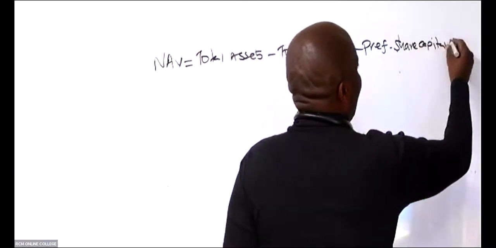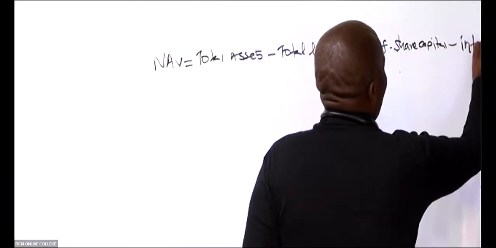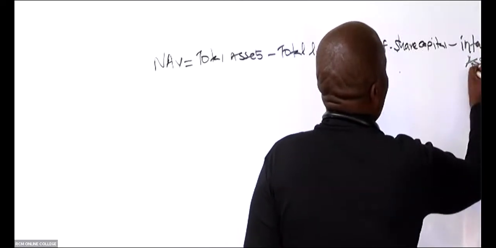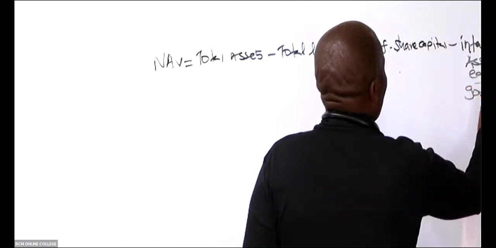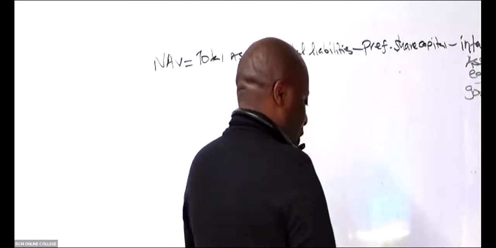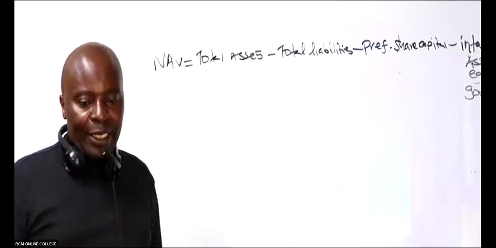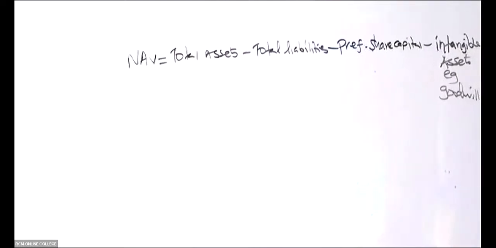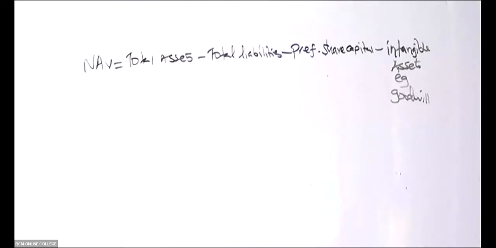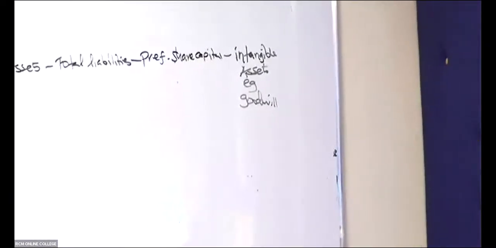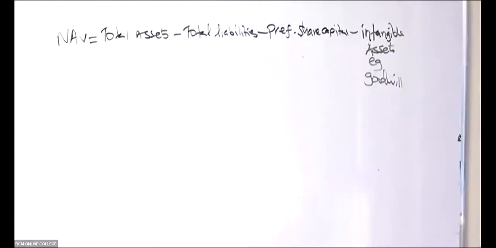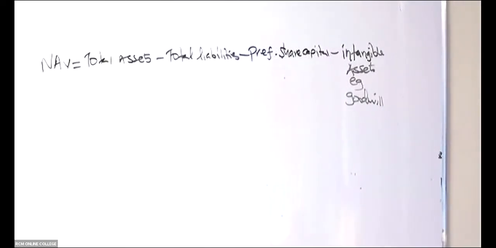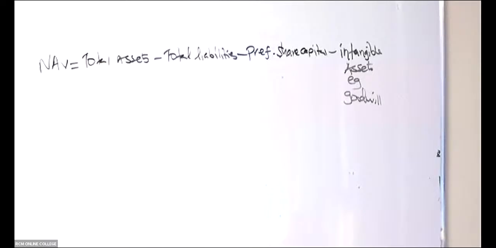So minus any intangible asset, e.g. goodwill, trademark, etc. That one you subtract. By the time you're selling, ladies and gentlemen, trust you me, that asset of yours has got no goodwill. Even if it has, in terms of getting net asset value, we shall always be subtracting.